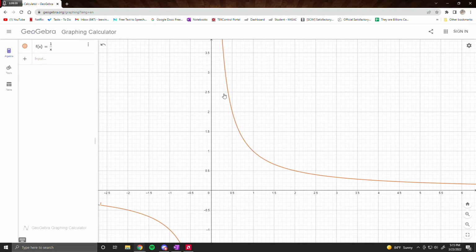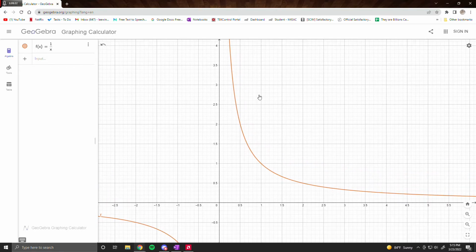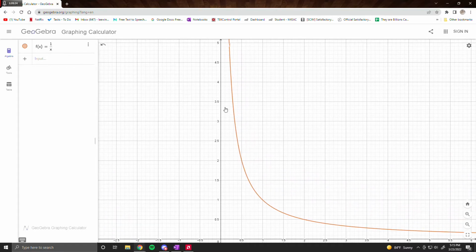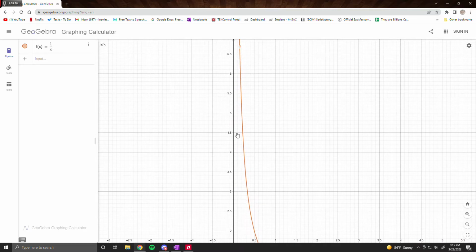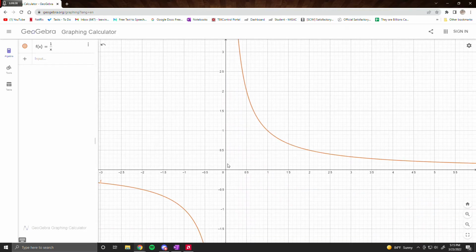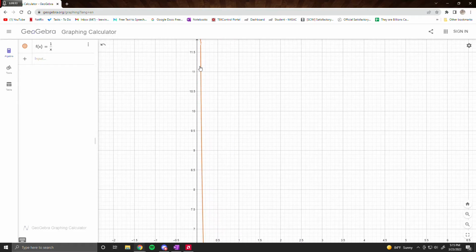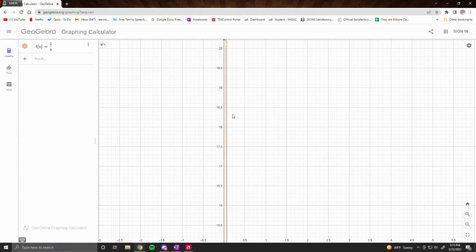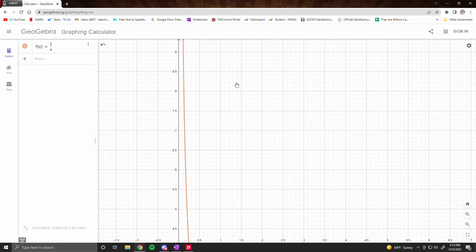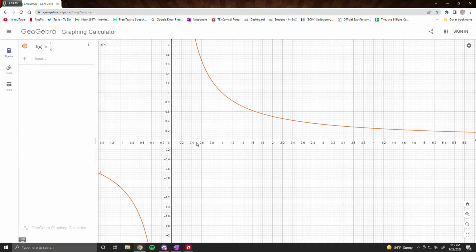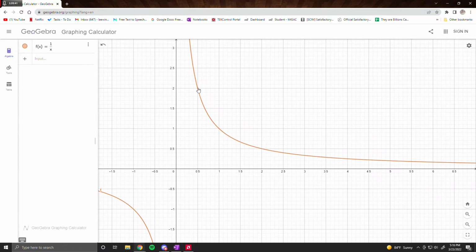However, what's interesting here in the context of sine is the numbers that are really close to 0, but not quite 0. What's happening to the outputs? Well, they blow up to infinity. If I plug in a half, I should get 2.